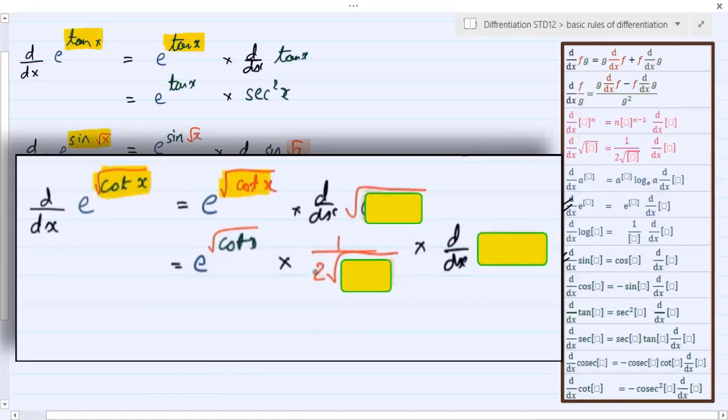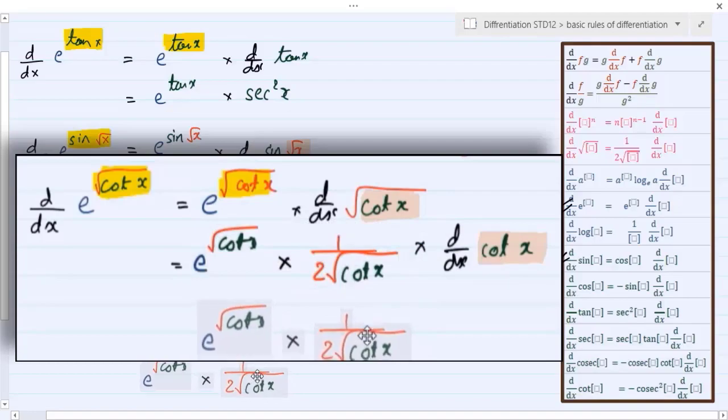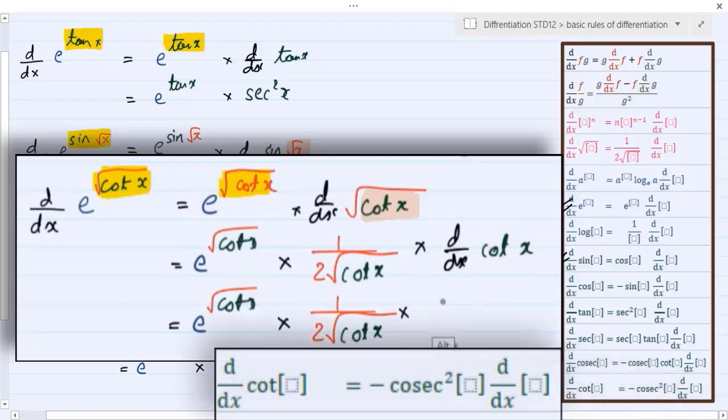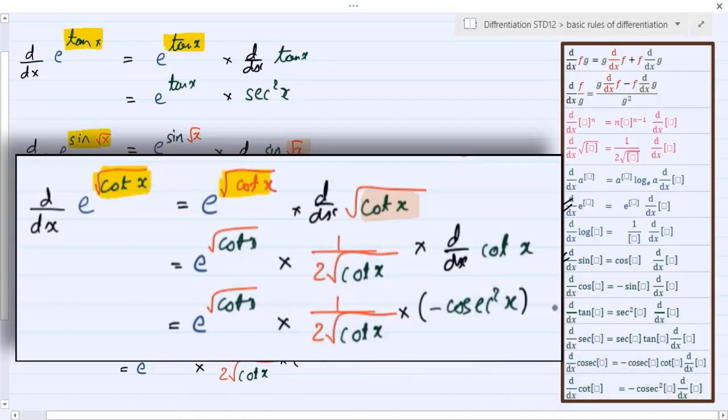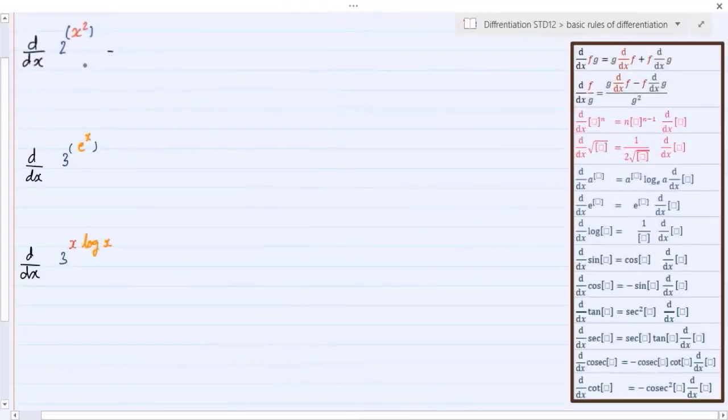And within the box, we have cot x. So now your e raised to root cot x into 1 upon 2 root cot x will be as it is. And just focus on differentiation of cot x, which is minus cosec square x. Ta-da! You can consider this as your final answer.